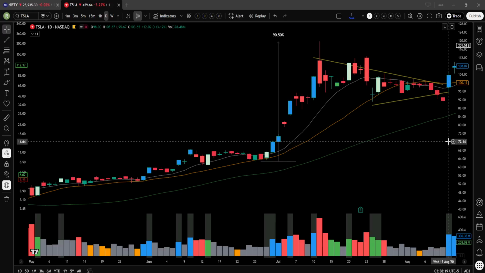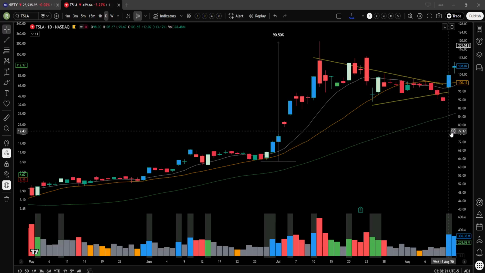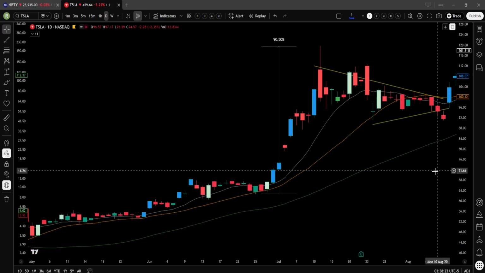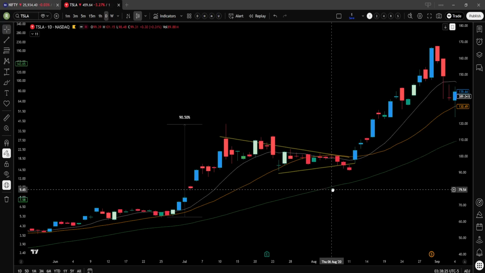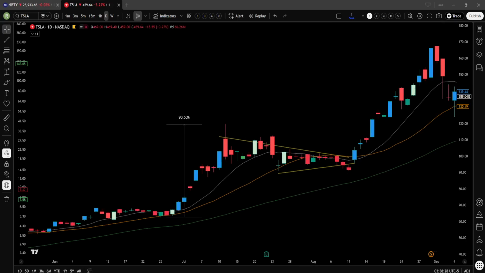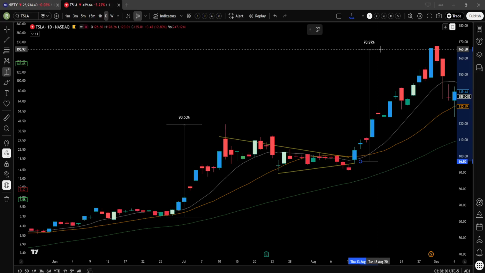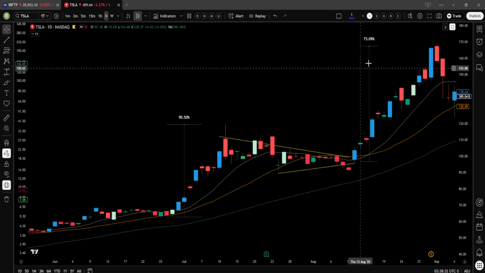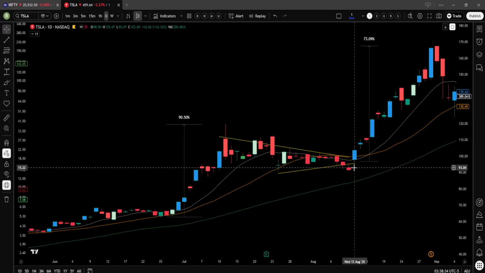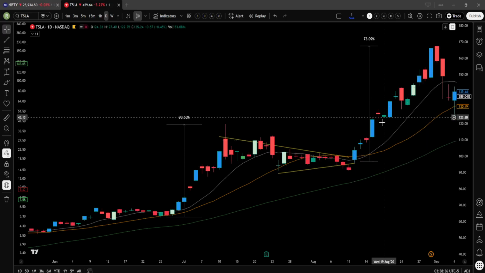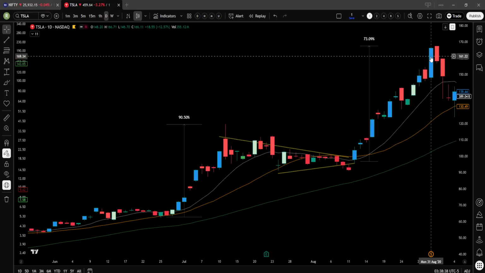The stock broke out with this blue bar, and then again, same as before, the stock made more than 70% of a move and smoothly surfed the rising 10 moving average.